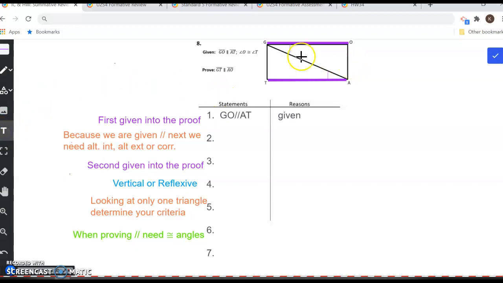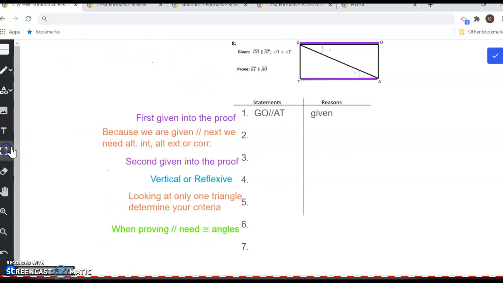So if I go ahead and write in there a 1 for angle 1, that's really tiny, and a 2 for angle 2, there I have marked my 2 angles, and I can use that, or I can use my 3 letters like I normally do. So you can use numbered angles if you put the numbers on the angles, or you can use your 3 letters. I'll go ahead and use the numbers just to show that.